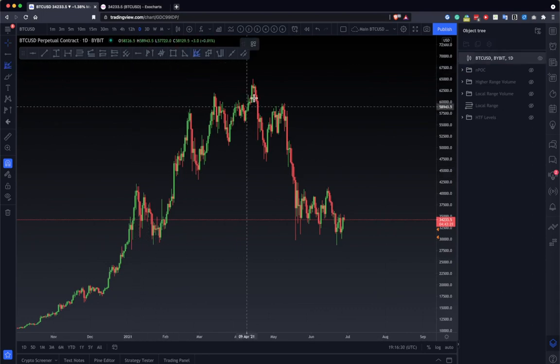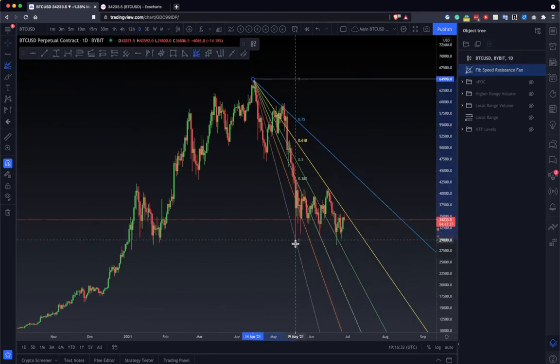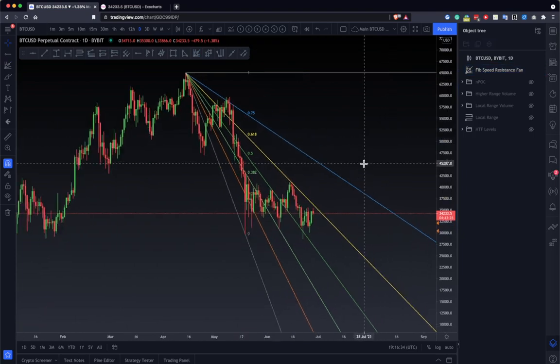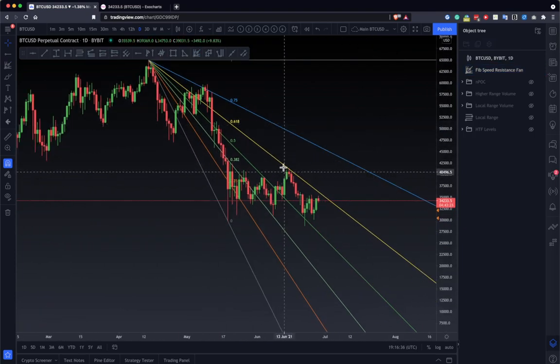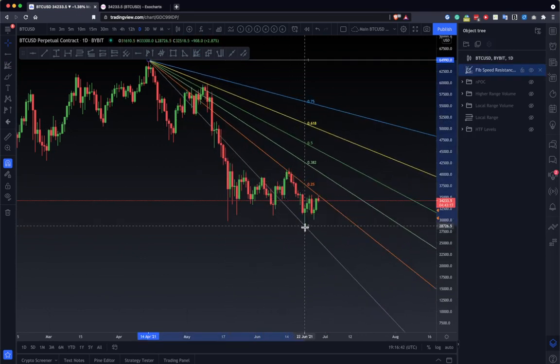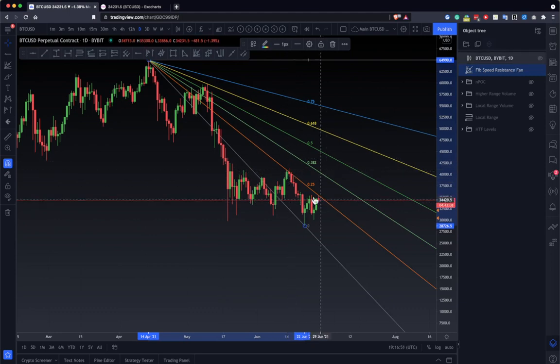Let's see if we have anything going on from here. See the rejection from here. We have to go to this now. This is a very important resistance for us.